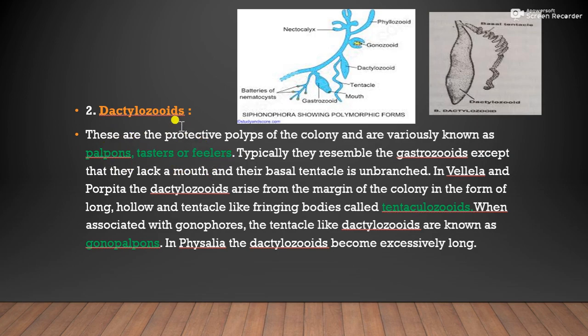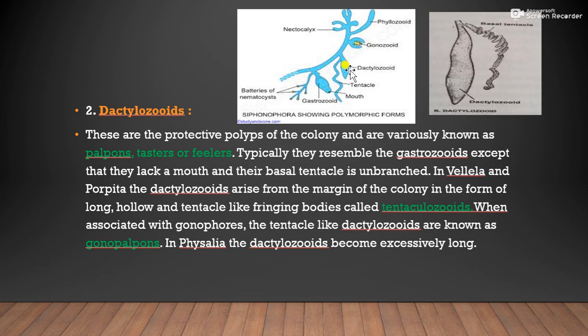All these are names of dactylozooids. Typically they resemble the gastrozooid except that they lack a mouth, and their basal tentacle is unbranched in Velella and Porpita.